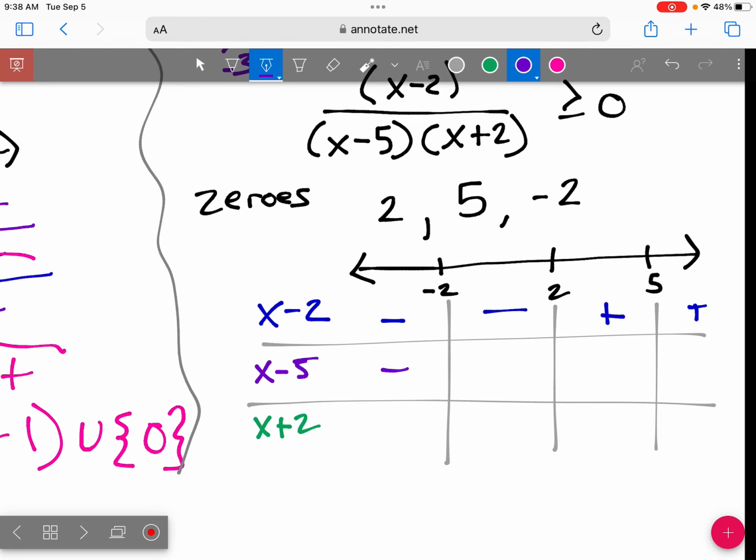Negative. Between -2 and 2, what's a number there? 0. 0 minus 5, negative. Between 2 and 5, negative. Bigger than 5, positive.